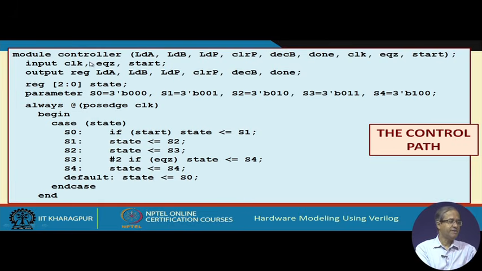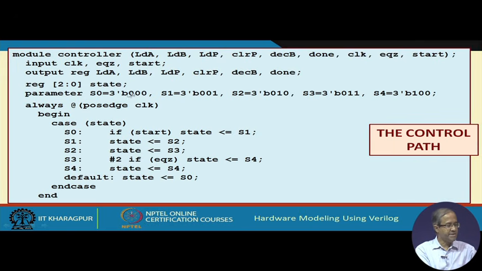The controller will be generating these signals, load A, load B, load P, clear P, decrement B and of course, done. These are the output signals of the controller and the inputs to the controller are of course, clock, this equal to 0 signal which is coming from the data path and the start which is coming from outside.